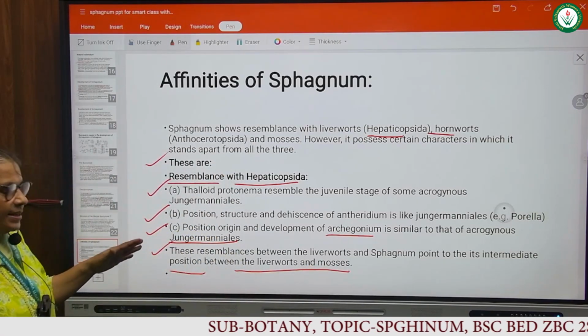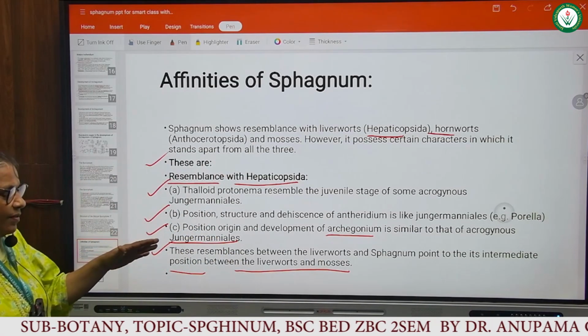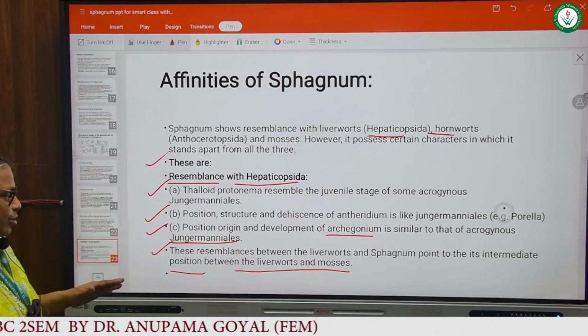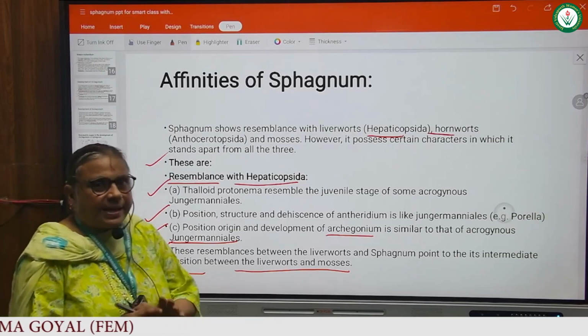So all these resemblances between the liverworts and Sphagnum point to its intermediate position between the liverworts and mosses.